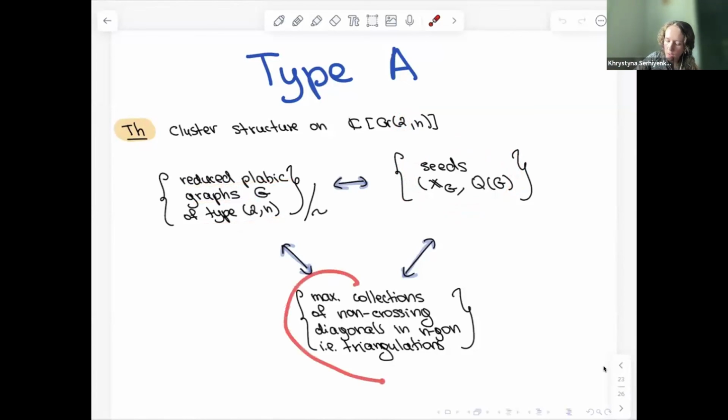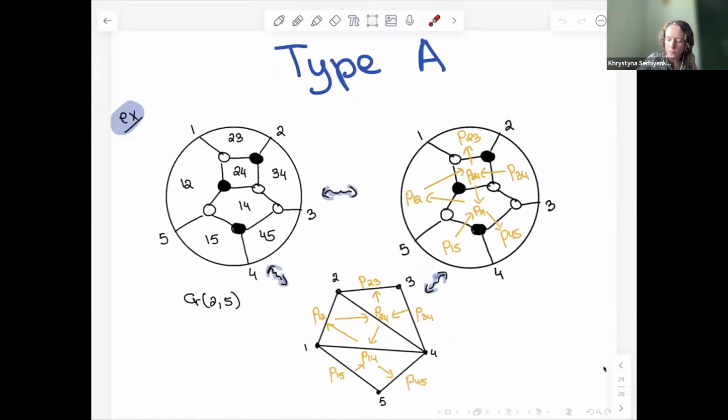But moreover, this weak separation, we can reinterpret as follows. So this maximal collection of pairwise weakly separated sets corresponds to a maximal collection of non-crossing diagonals in an n-gon. I.e., this corresponds to a triangulation of an n-gon. Okay, so in the case k equals 2, our seeds are given by triangulations of a polygon.